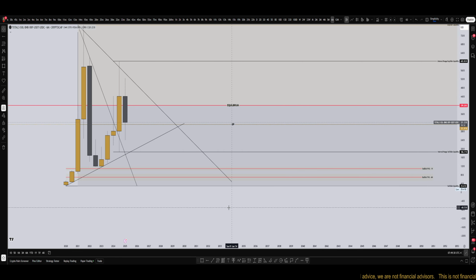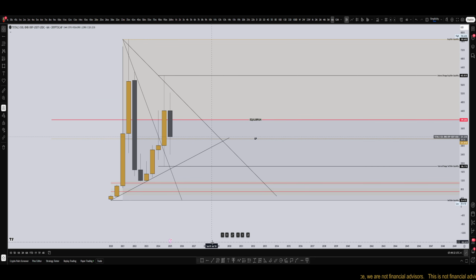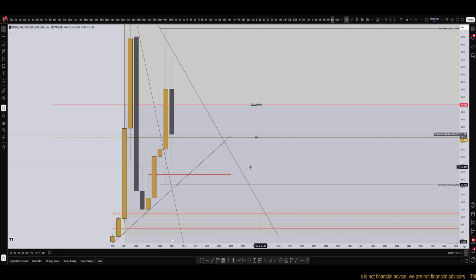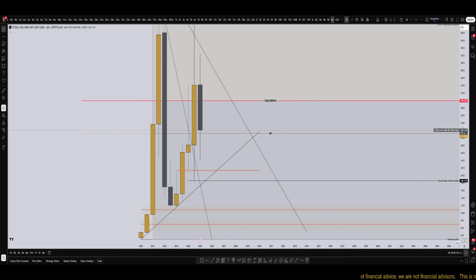However, there's also internal fair value gaps that are hidden fair value gaps, and one of them is actually this one over here, where you can see that the wicks, well, this is not the best example because there is a gap here, to be honest. So if I find another one, I'll show you.